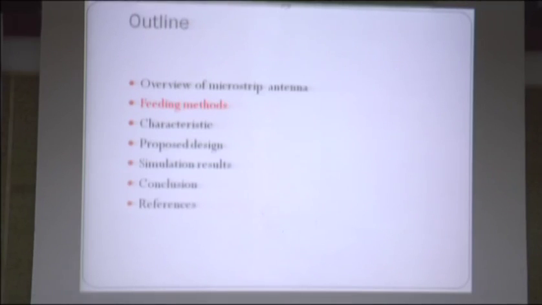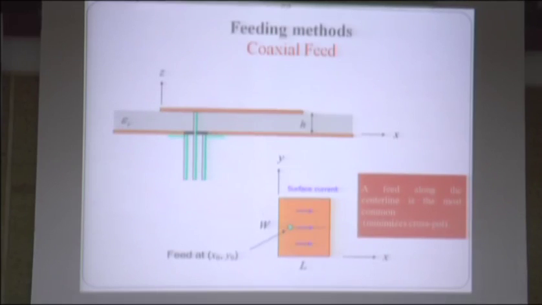Feeding methods. We use feeding for connecting our source to the antenna. We have 4 different feeding methods for a microstrip patch antenna. One is coaxial feed. In this we connect a coaxial cable with the patch.